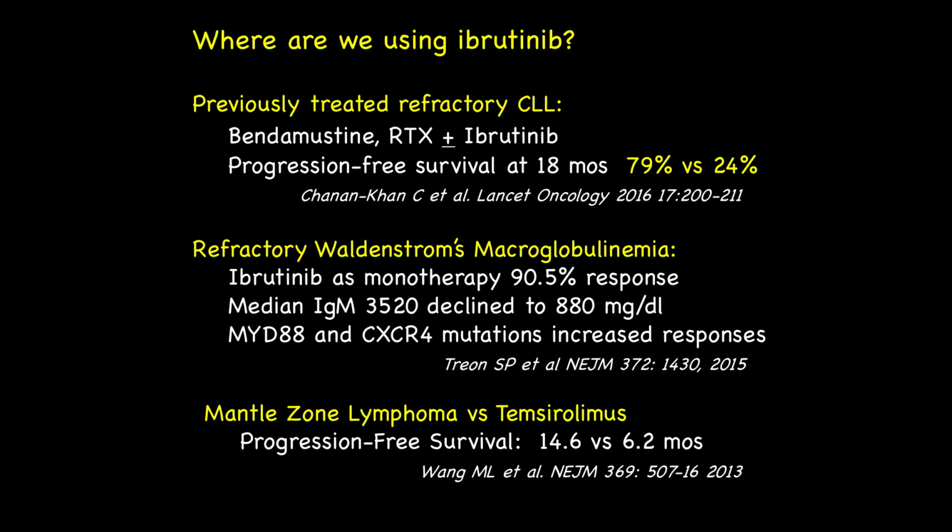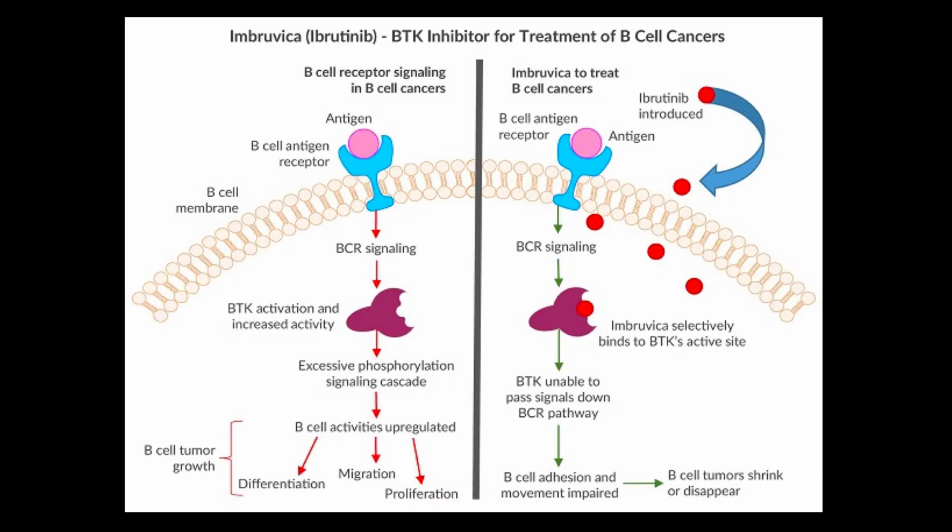It's also been a great treatment for mantle zone lymphoma, one of those lymphomas that does not respond very well to any other therapy and is associated with a very poor prognosis, and you can see the progression-free survival. Now, why am I talking about this? Because everything I could say about ibrutinib has application to the possible treatment of rheumatoid arthritis or rheumatologic disease.